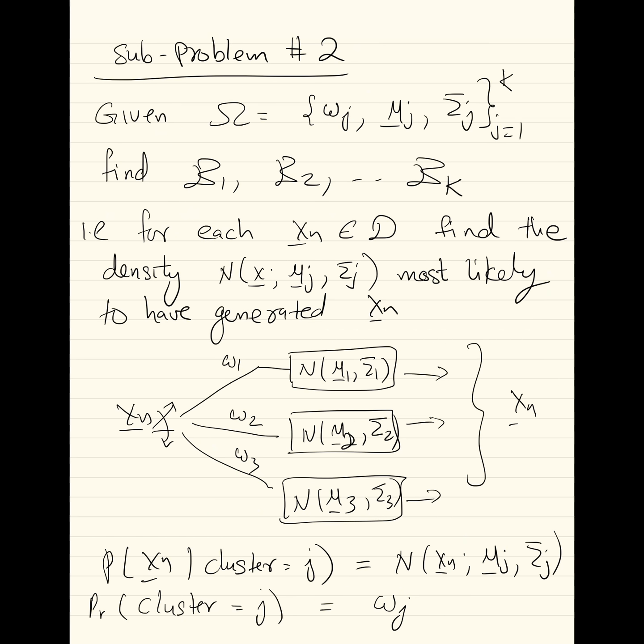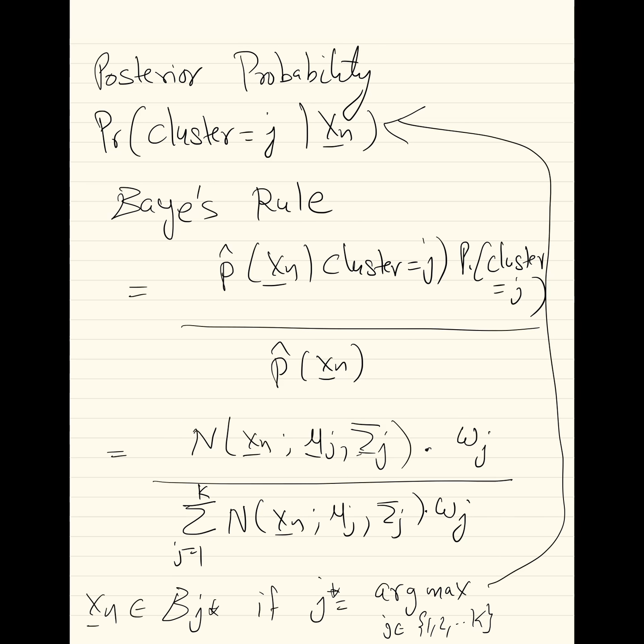Instead, if we knew the model parameters and we want to find the clusters, that can also be done analytically. You compute the posterior and then select the one with the highest posterior. So both the problems are easy. Let me just finish the second sub-problem on the next slide.